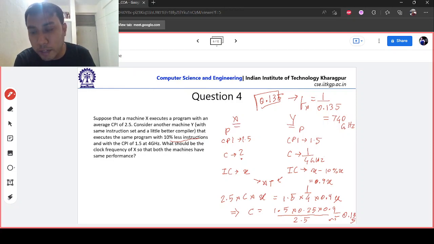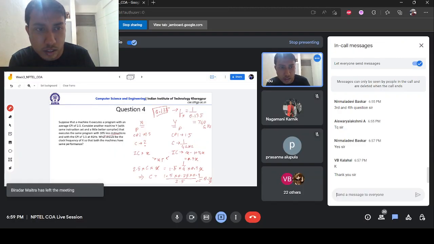Now to find the frequency, we know clock cycle equals 1 by frequency, or frequency equals 1 by clock cycle. So frequency will be 1 divided by 0.135, which comes down to 0.740 gigahertz. This is clear.